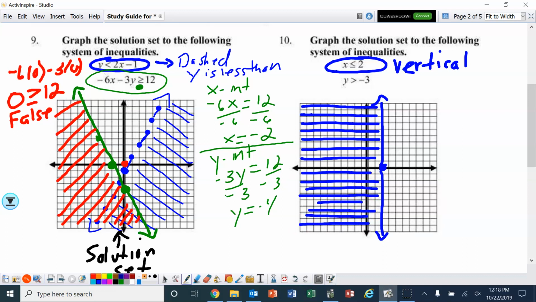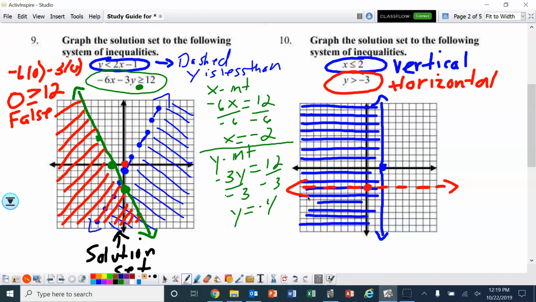All right, now the other one, we have y is greater than -3. Well, that one is going to be horizontal. So at -3 on the y-axis, so 1, 2, 3 right there, -3. It's going to be a dashed line because there's no equal to on it.